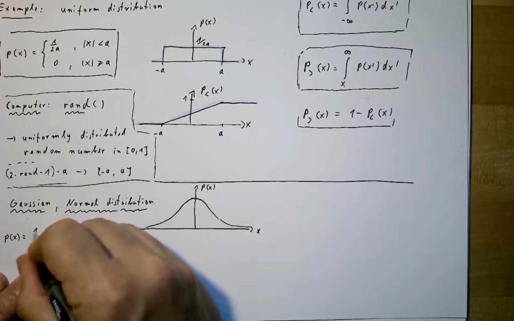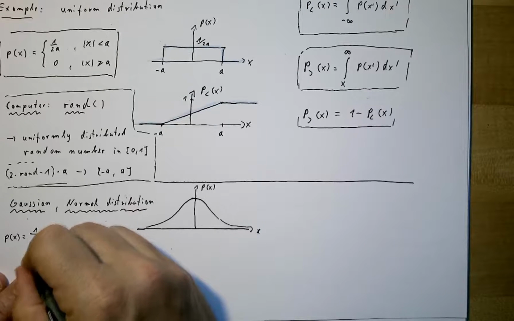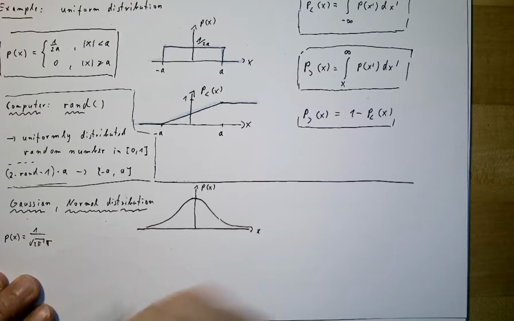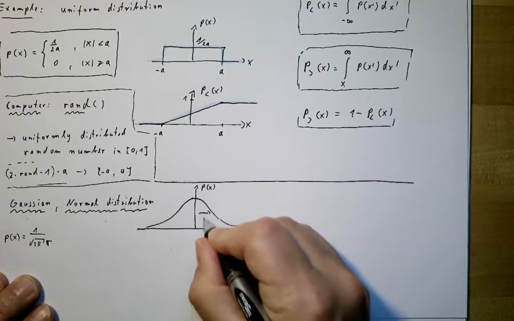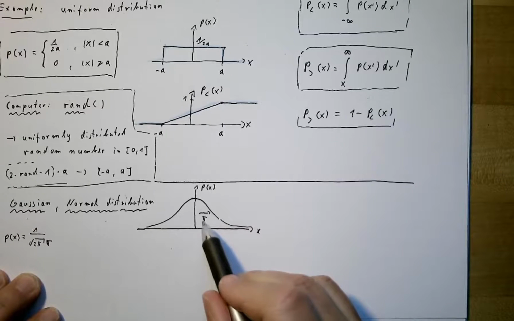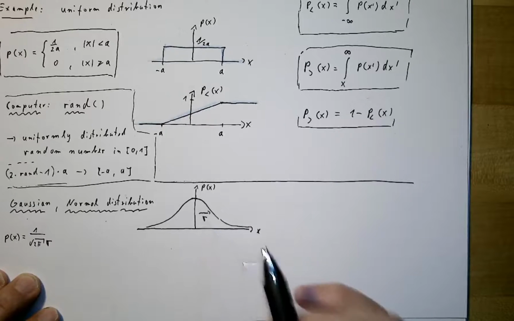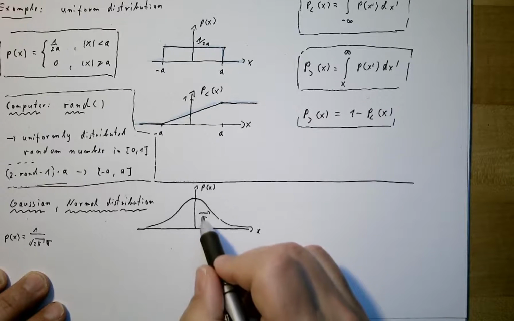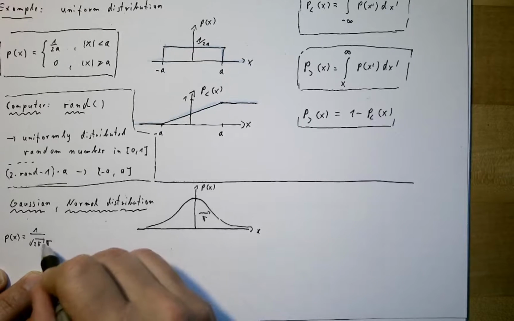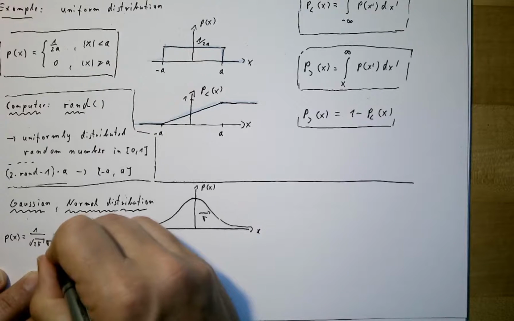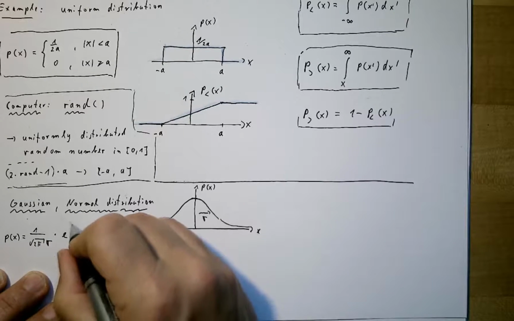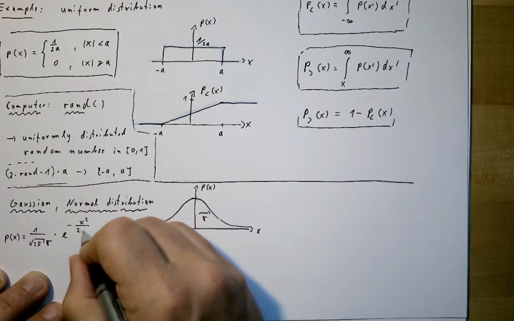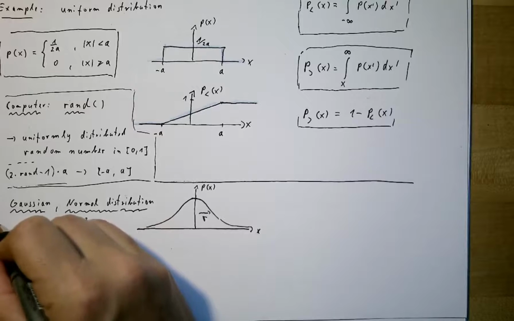And how we write this down mathematically: we have a normalization factor 1 over square root of 2 pi sigma, and then a parameter sigma that gives us the width. We will later see that sigma is the standard deviation, but I have not introduced this yet. So for now it's just a parameter. And then we have an exponential function of minus x squared over 2 sigma squared.